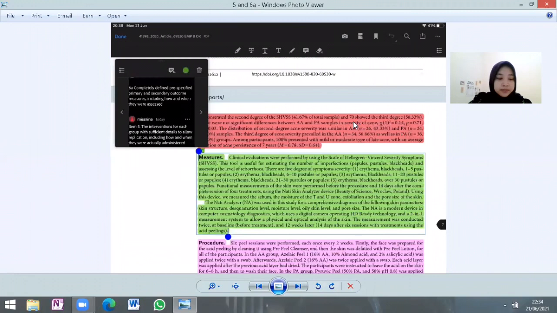The next item, number 5, the interventions for each group with sufficient details to allow replication, including how and when they were actually administered. And also the next item, number 6A, completely defined pre-specified primary and secondary outcome measures, including how and when they were assessed, is reported on page number 7 in the measures, which is highlighted in green.